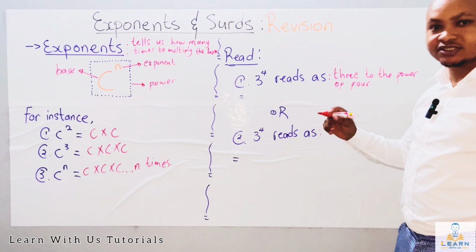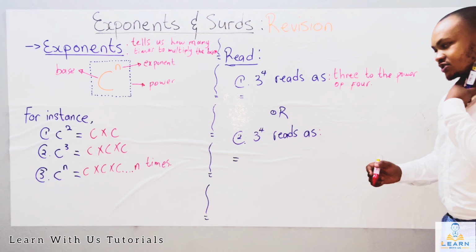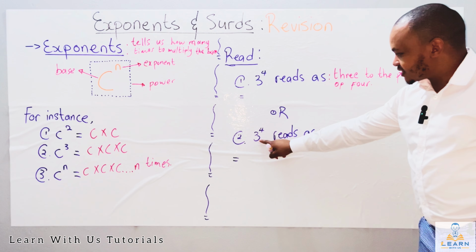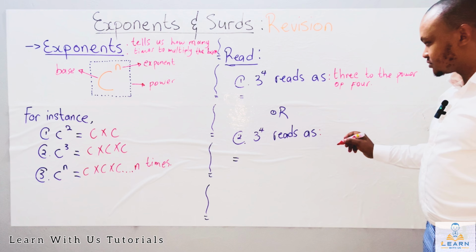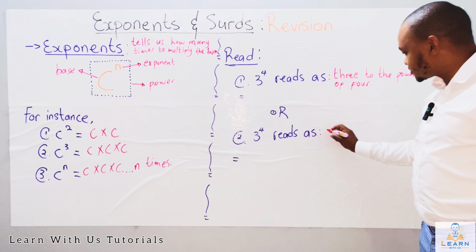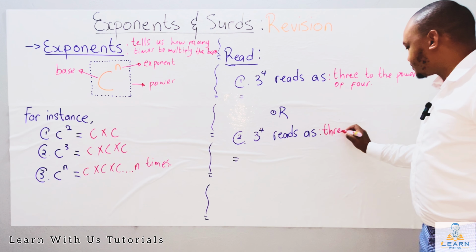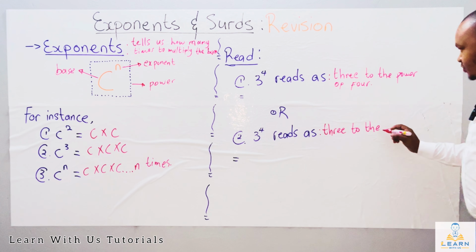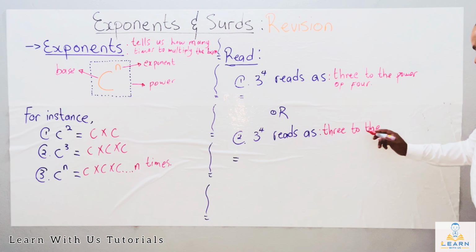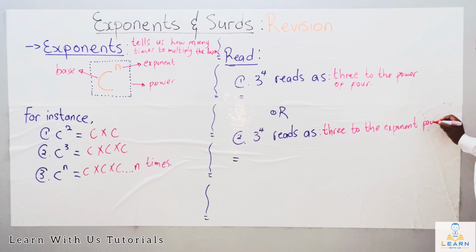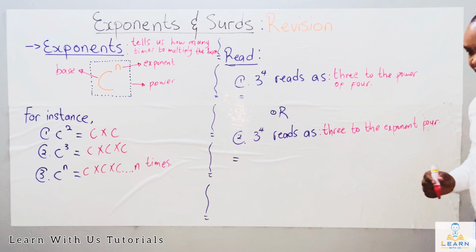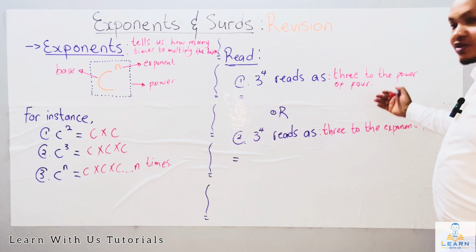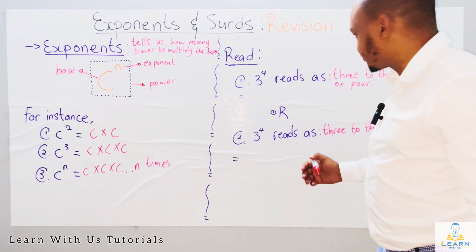That's how we read it. Or we can also read it as 3 to the exponent 4. Either way, there's no wrong between the two.